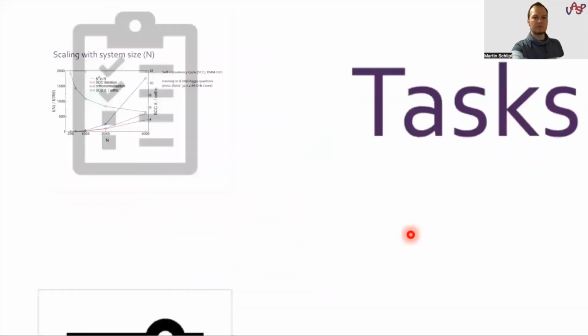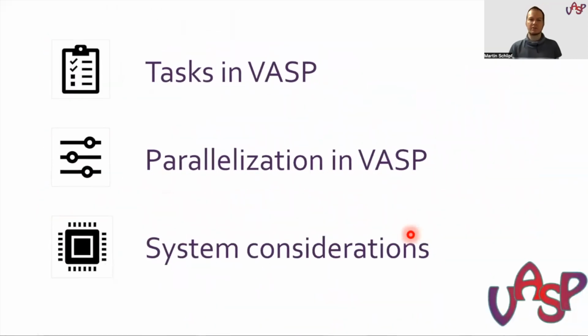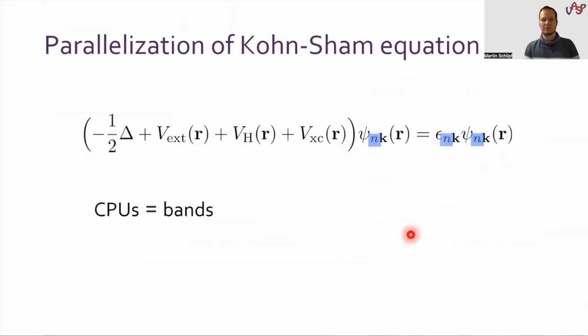Okay, so this concludes the first part of the lecture, and now I want to talk a bit more about how these tasks are parallelized in VASP. So let's focus again on the Kohn-Sham equation, and look at different parts to understand where parallelization options can come from. First we can see that here we describe more than one electron, right? For every atom, there can be multiple electrons, and in total you get a number of bands.